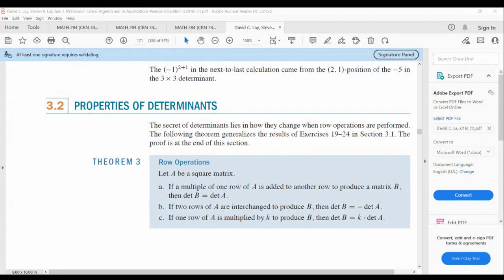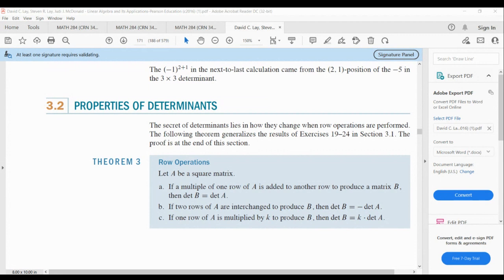But of course, as it said in the numerical note at the end of section 3.1, if you had a 25 by 25 matrix and it were dense, meaning not a lot of zeros in there, direct cofactor expansion would take about 500,000 years. Obviously, we can't wait that long to compute a determinant.